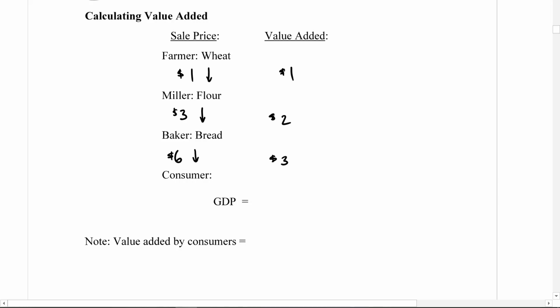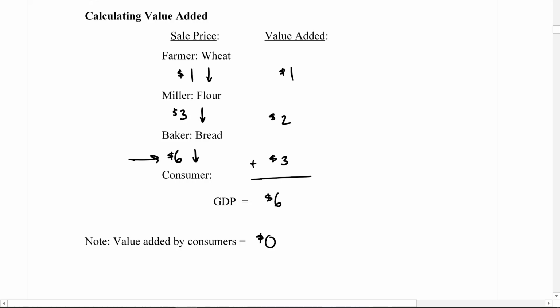And so one other way of calculating GDP is looking at the summation of the value add across the supply chain. 1 plus 2 plus 3 is 6. So GDP is 6. It's also the total expenditure from the consumer at the end. Okay, and the consumer, they're not adding any value. They're just consuming the final product. So their value add is 0.